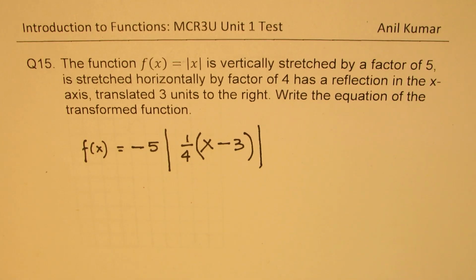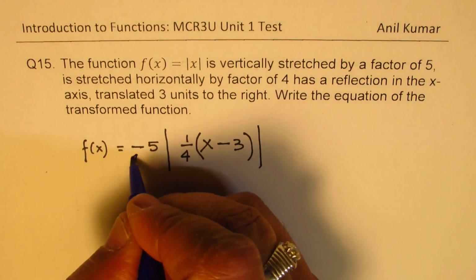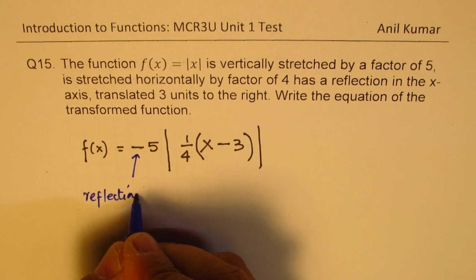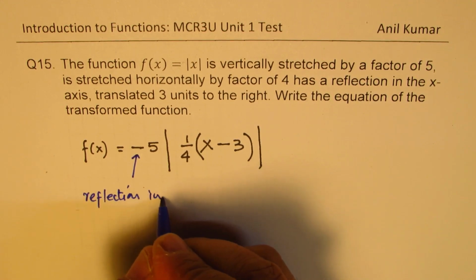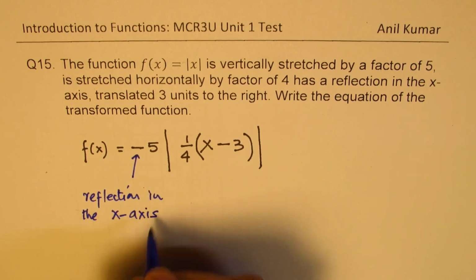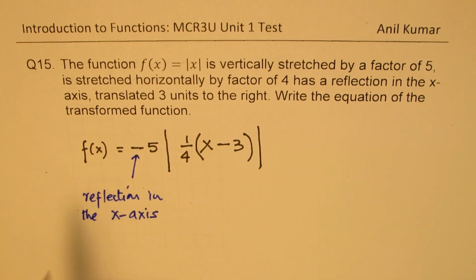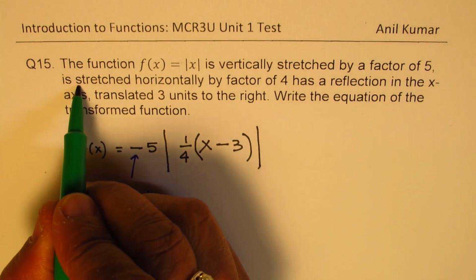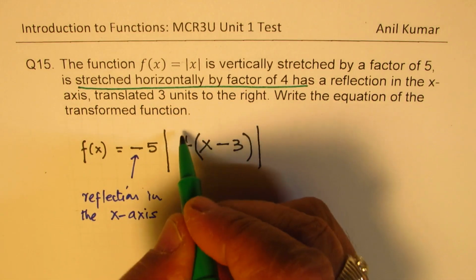So that becomes your function. Is that clear to you? So this minus here is the reflection in the x-axis. Correct? And the rest of the things, let us associate them. We have stretched horizontally by a factor of 4, which is this.